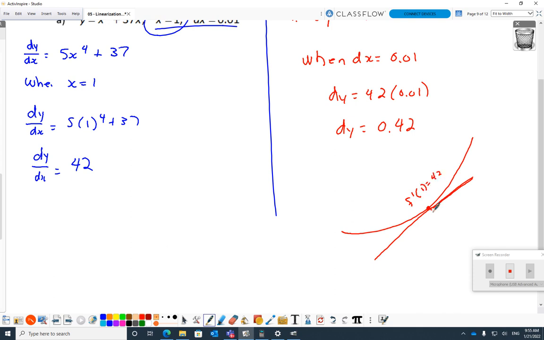And what I mean by that is if I move over 0.01, I move up 0.42 on the tangent slope. The dy, the change in the y on the tangent, is equal to 42 times the change in the x at that particular point. Got to be close here. Everything's got to be close. How close? Again, leave how close on the shelf. We'll deal with how close when we get to individual applications.